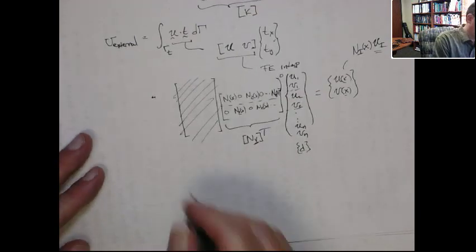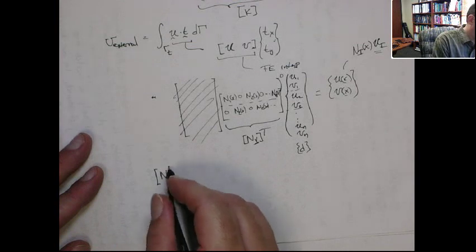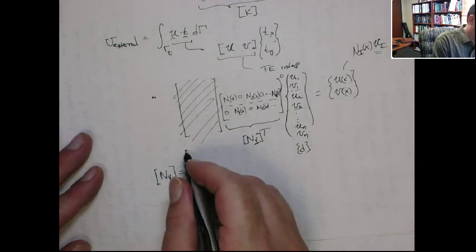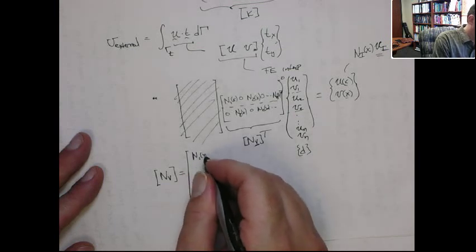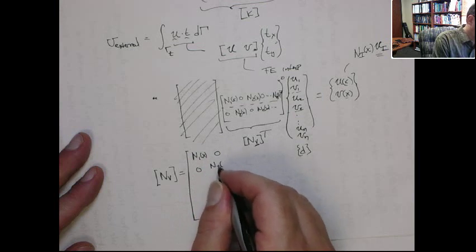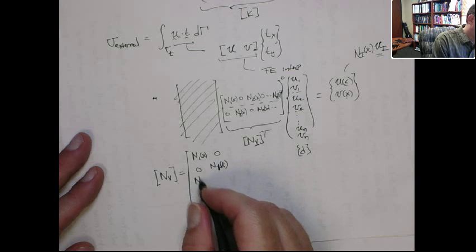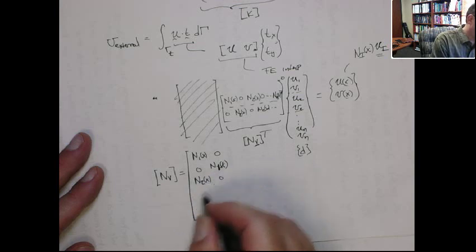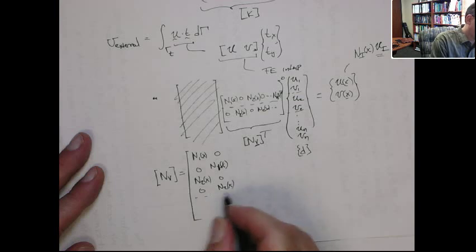So what I really mean by this is, let's do it this way. I'm saying that NV is written as follows. I'm going to write it a little more neatly. N1 of x, 0, 0, N1 of x. Okay, that's not that neat. N2 of x, 0, 0, N2 of x.